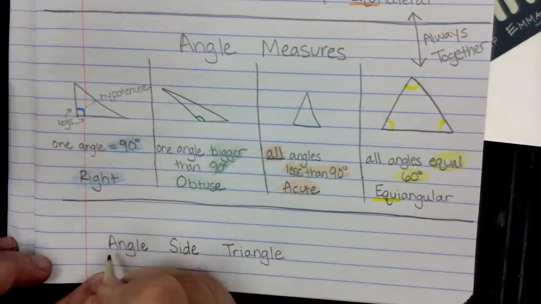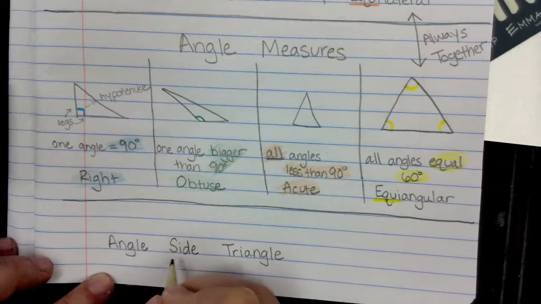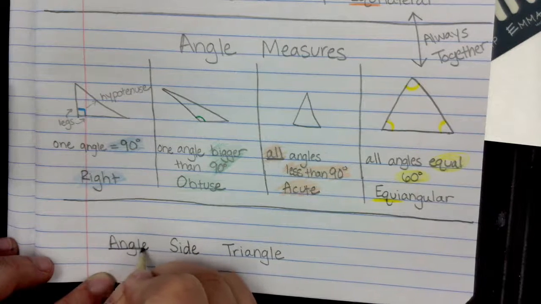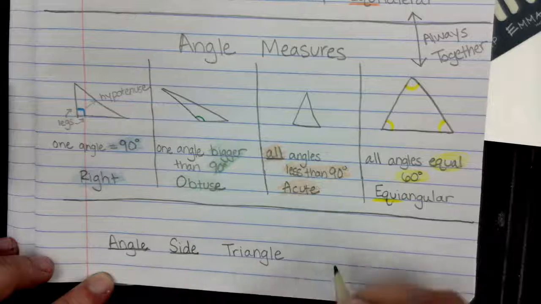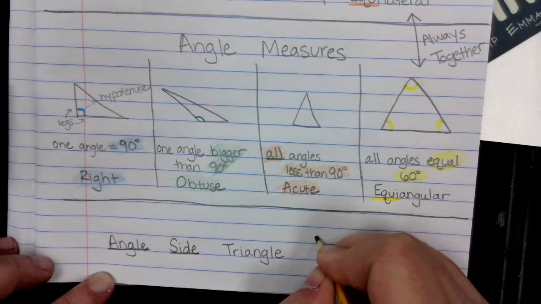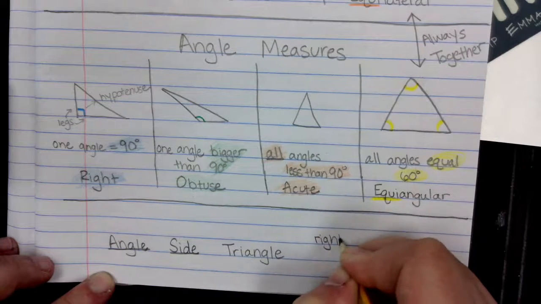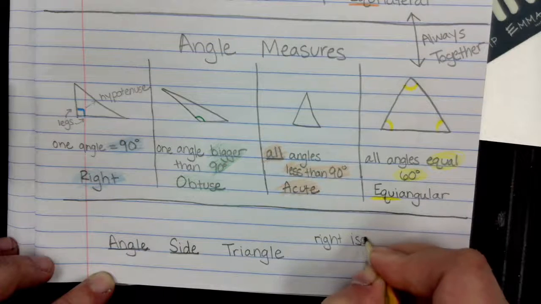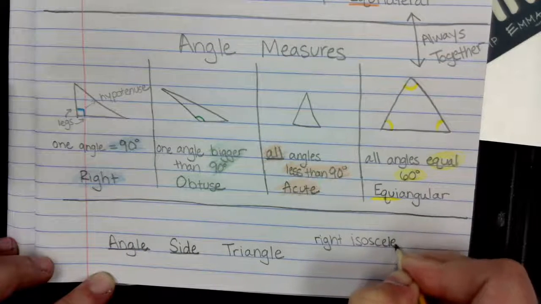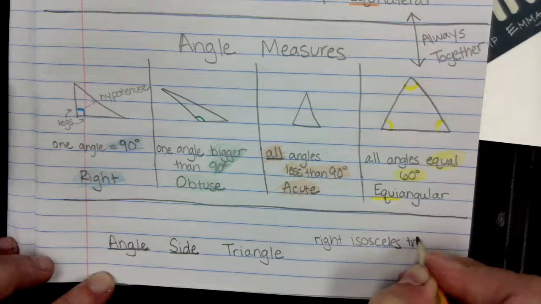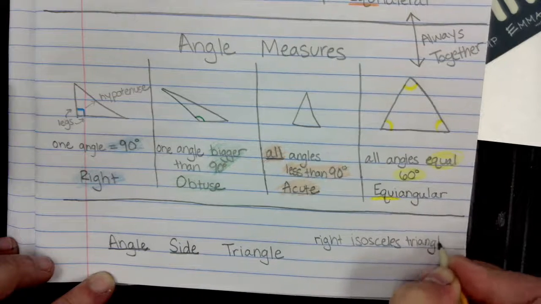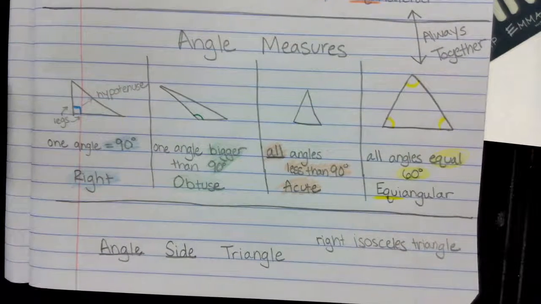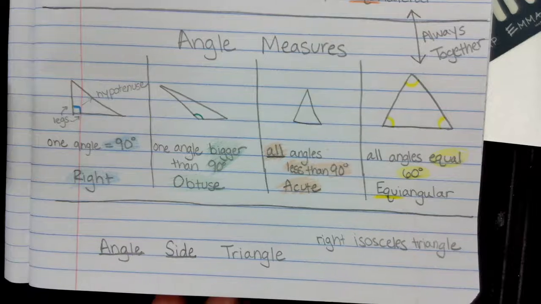So for example, we might say a right isosceles triangle. For some reason in English, we always put the angle part first. Okay, or it might be acute scalene.